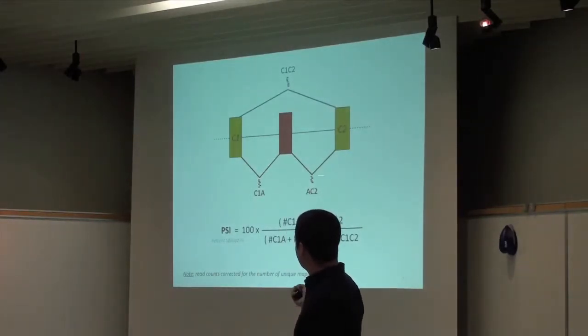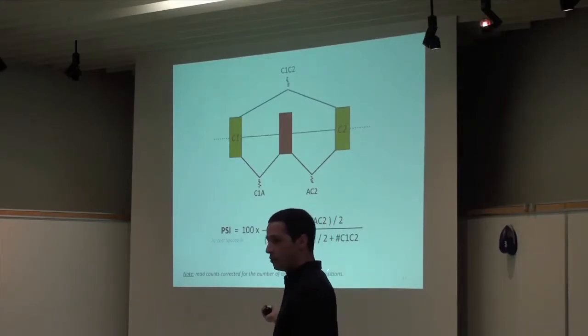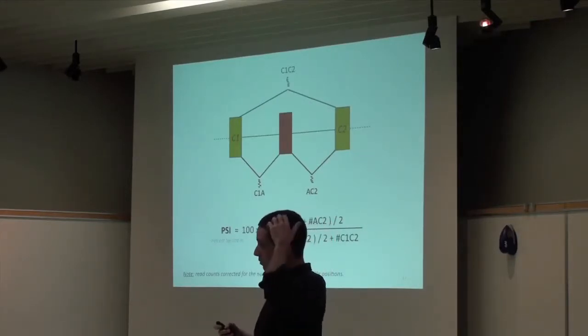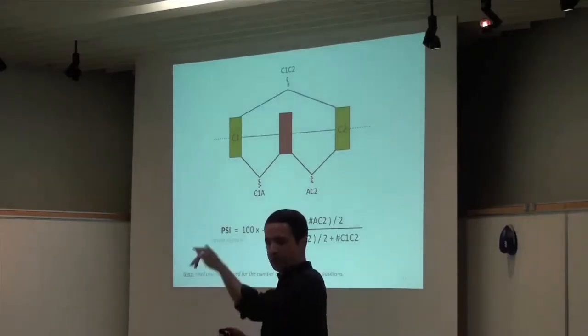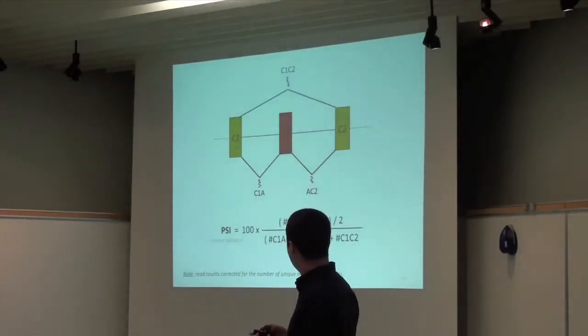It's basically the average number of inclusion reads over the total number of reads that map to the junctions. Just a note to say we correct these read counts for the total number of uniquely mappable positions in the junction database, in case you're interested.